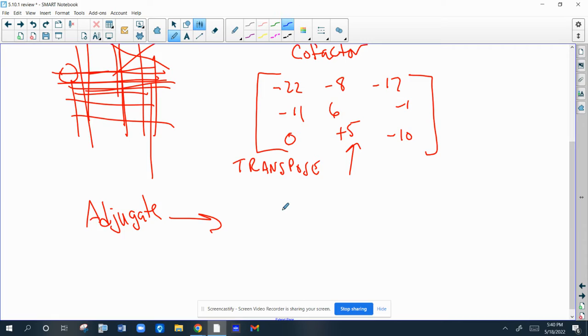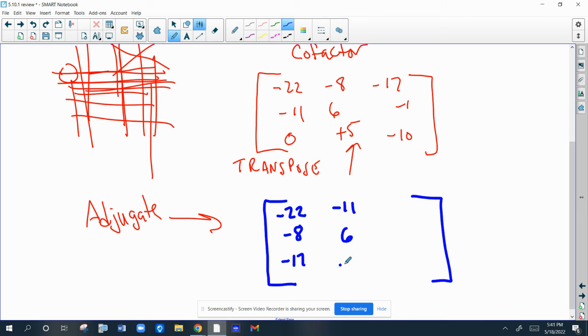Now, transpose, how do you do that? That's really, really easy. All you need to do is take each row and make it a column. So, like the first row, -22, -8, -17, is now the first column. That's the transposition of this matrix. The second row, -11, 6, -1, becomes the second column of the transposed matrix.